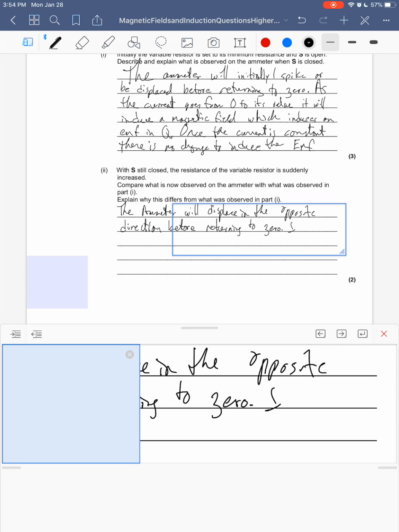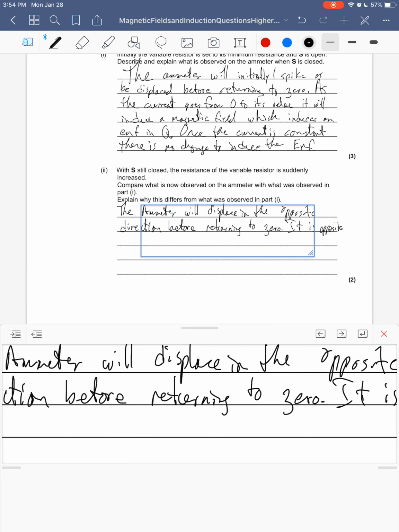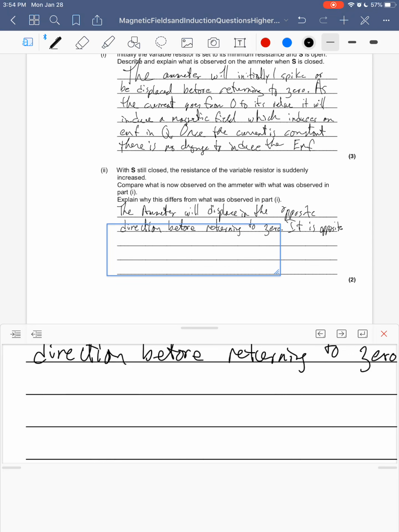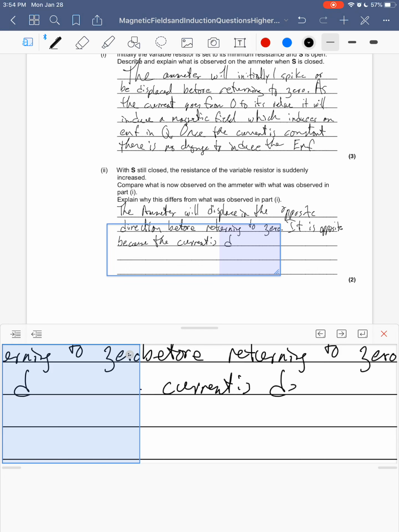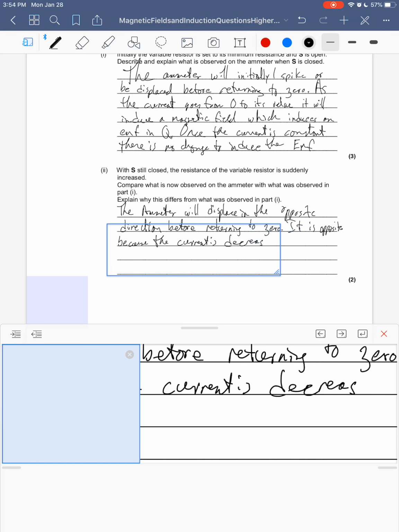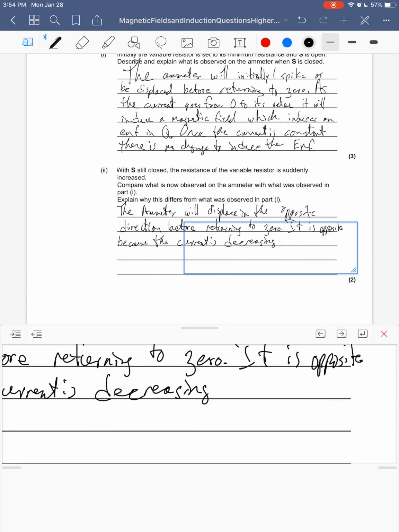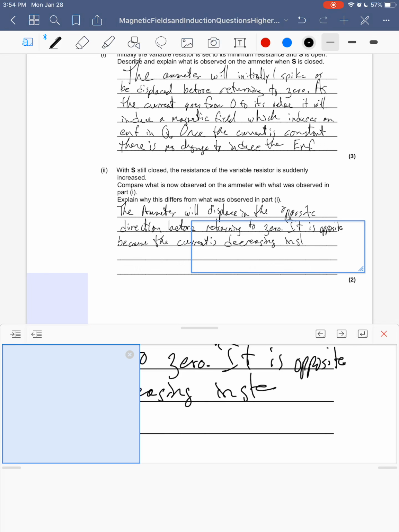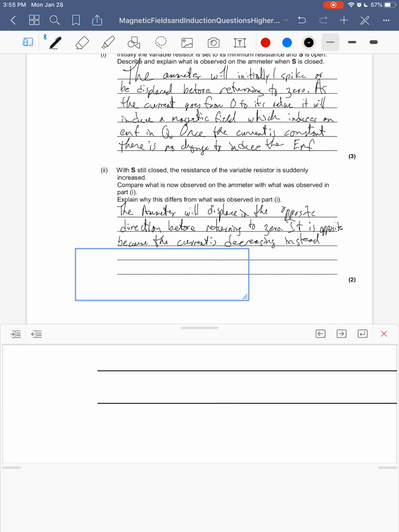Okay. It is opposite because the current is decreasing instead of increasing.